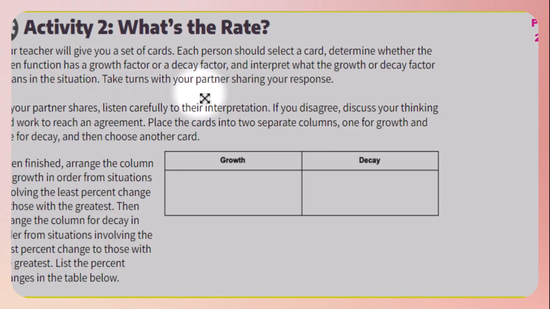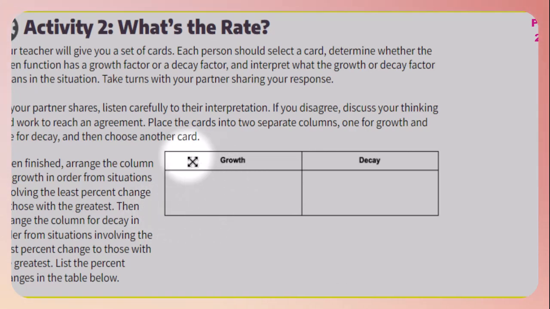Then take turns with your partner sharing your responses, talking through it. As your partner shares, listen carefully, don't interrupt them. If you disagree, jot things down, discuss your thinking, and work to reach an agreement. Place the cards in 2 separate columns, one for growth, one for decay, and then choose another card.